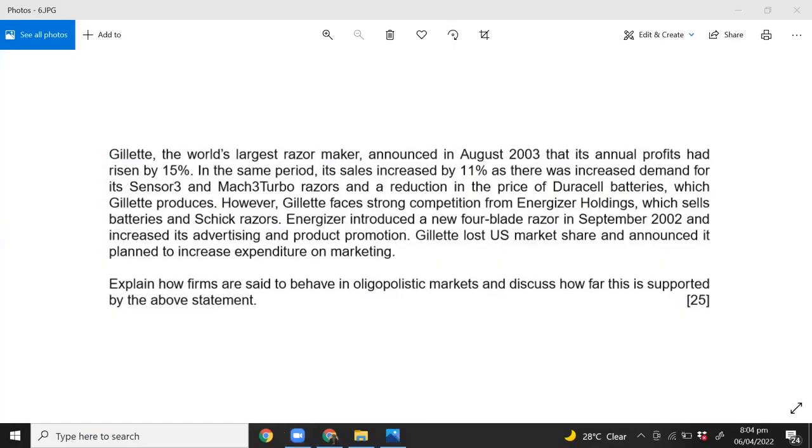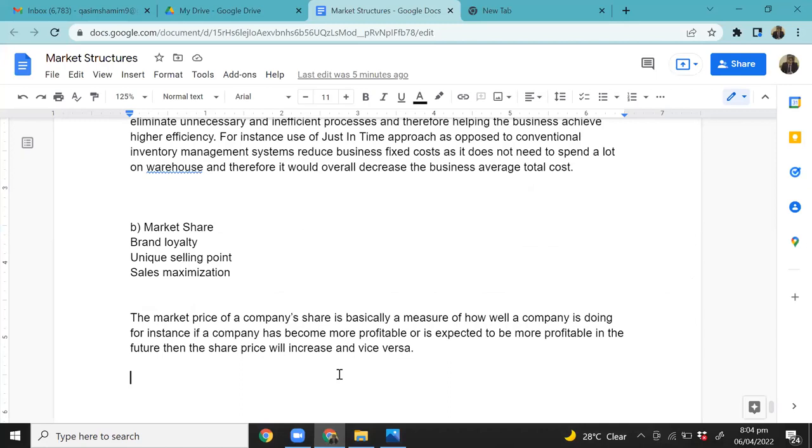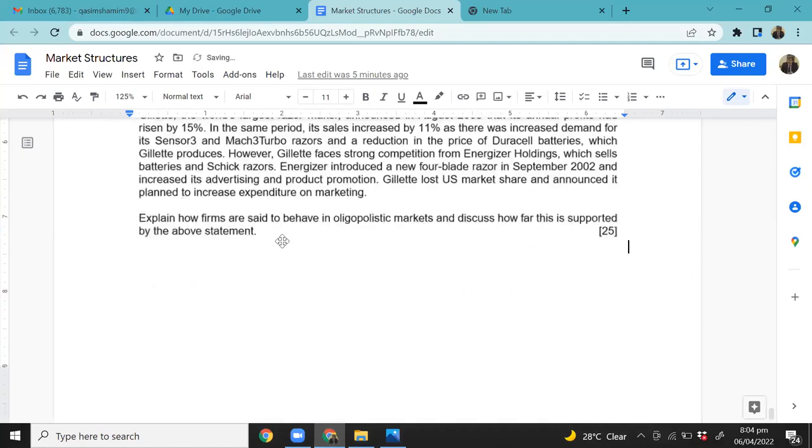Now, the question is asking you to explain how firms are said to behave in oligopolistic markets and discuss how far this is supported by the above statement, right?